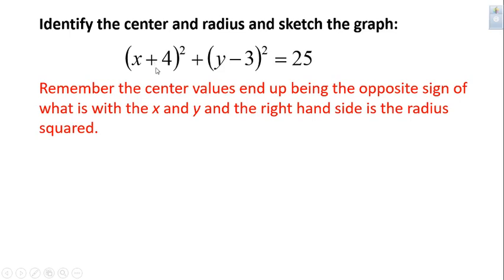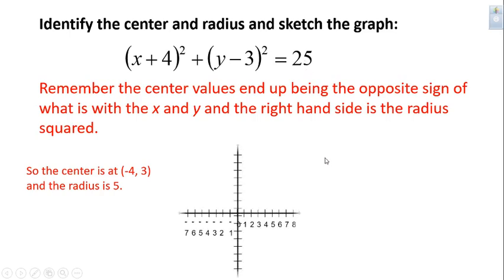In this case, to get x plus 4, we're saying x minus negative 4. So h is negative 4, k is 3, and the radius is 5, which is the square root of 25. So we plot the point negative 4, positive 3. We go 5 units to the right, 5 units to the left, 5 units up, 5 units down. And there we have it.